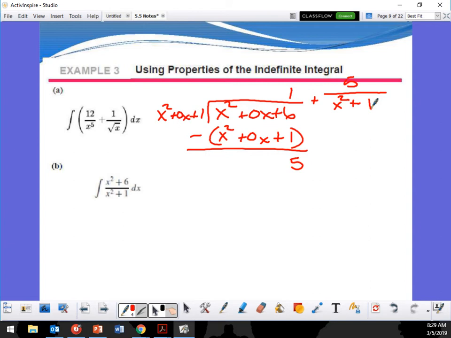That makes sense. And now you could do it. So now it's going to be the integral of 1 dx plus the integral of 5 over x squared plus 1 dx.